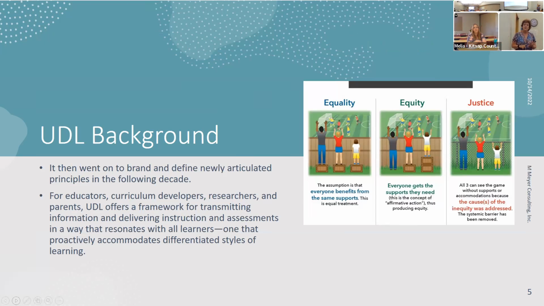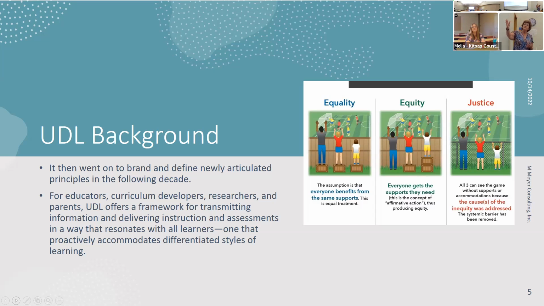For educators, curriculum developers, researchers, and parents, UDL offers a framework for transmitting information and delivering instruction and assessment in a way that resonates with all learners in a proactive way rather than a reactive retrofitting way, which is what it is now.